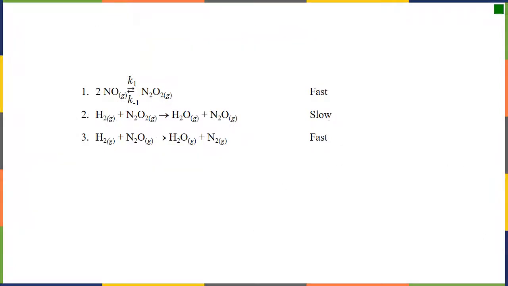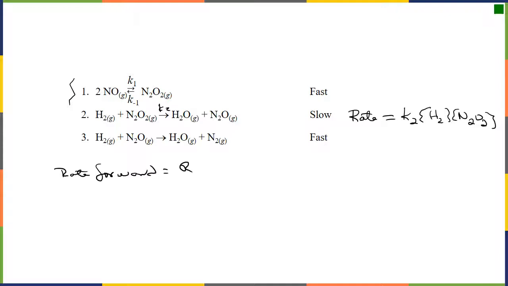All right, so let's continue with this. We know that our rate is going to equal, remember we called this k2, k2 multiplied by hydrogen times N2O2. Now we need to go to our equilibrium step and remember what this means. We know at equilibrium, our rate forward is equal to our rate reverse.